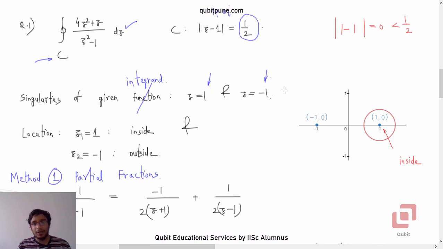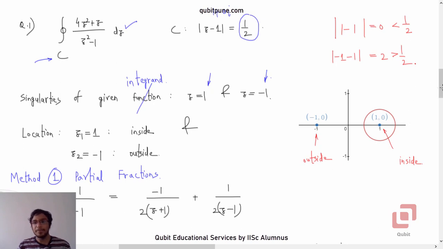And for the second point, minus 1, if you substitute it in the left hand side of the equation, you will get the absolute value 2, which is greater than 1 by 2, the radius of the circle C, and therefore this point lies outside the curve C.